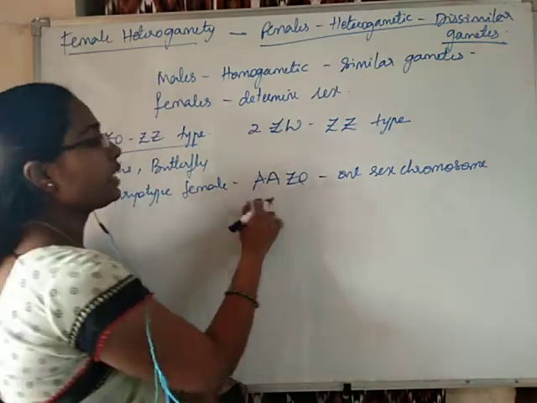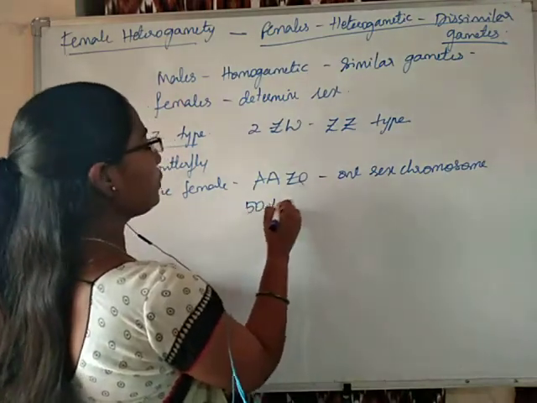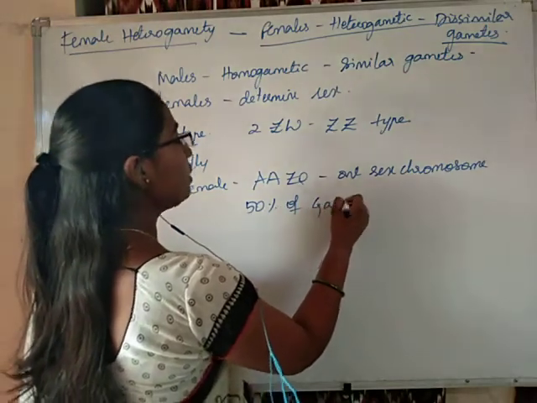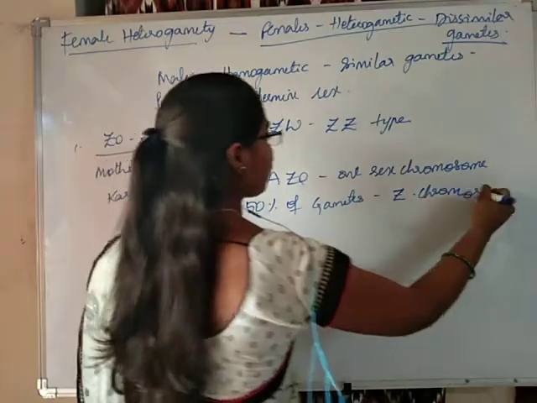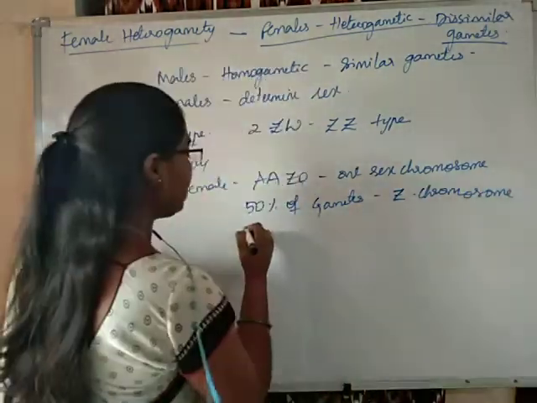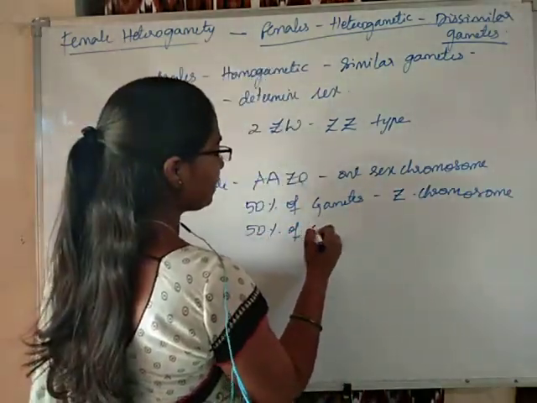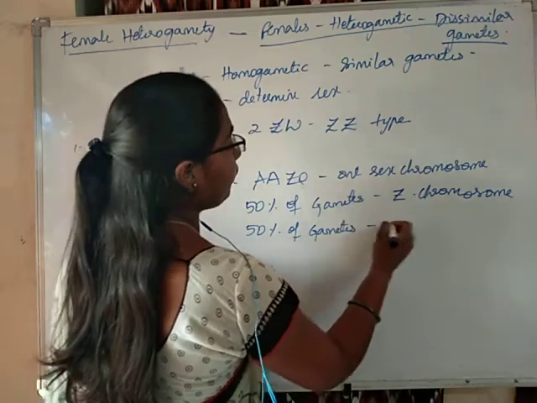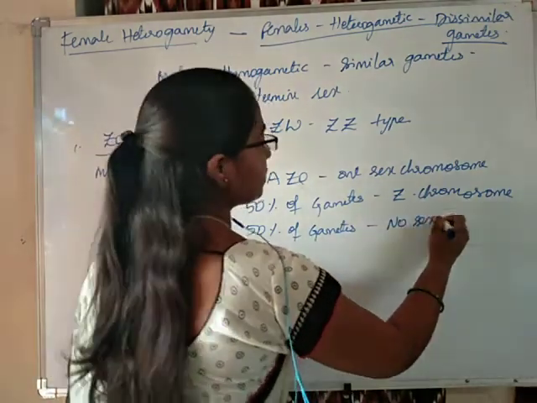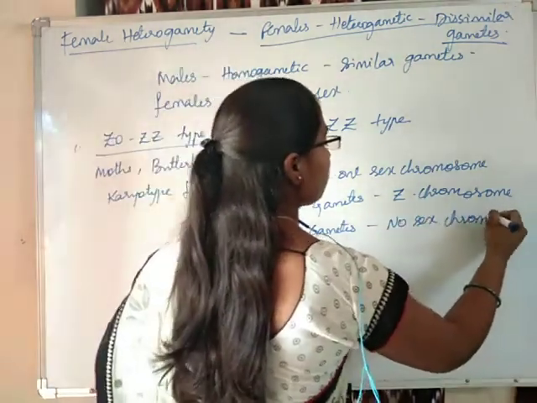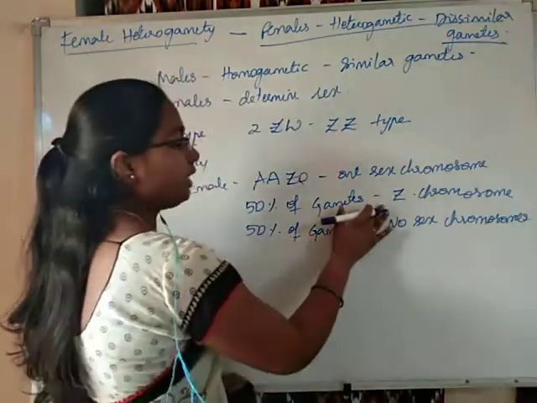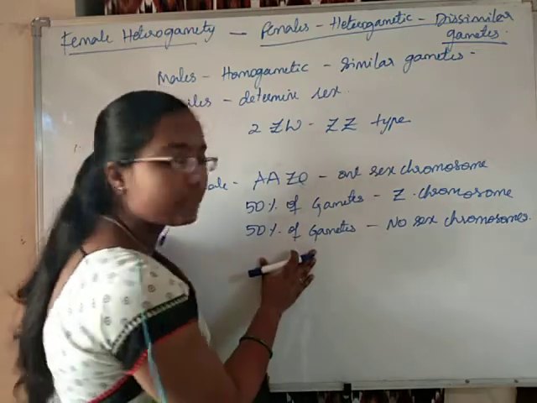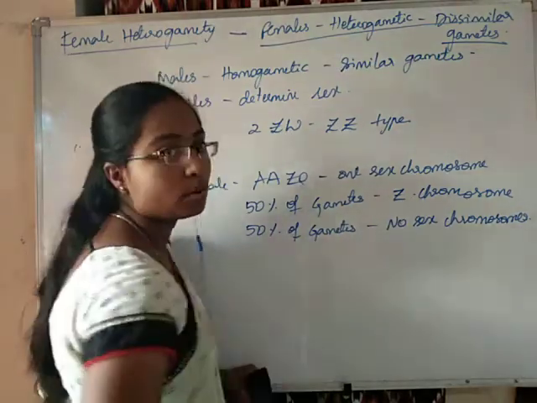So 50% of the gametes produced by the females will contain the Z chromosome, and 50% of the gametes have no sex chromosome.